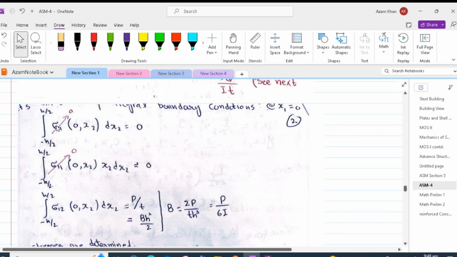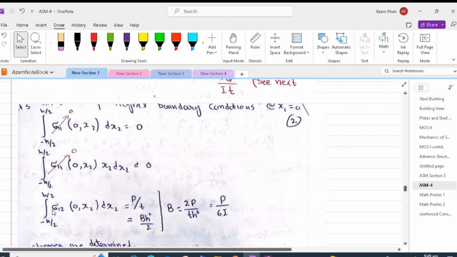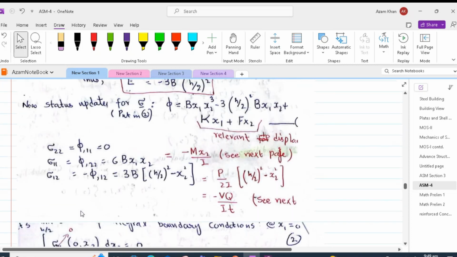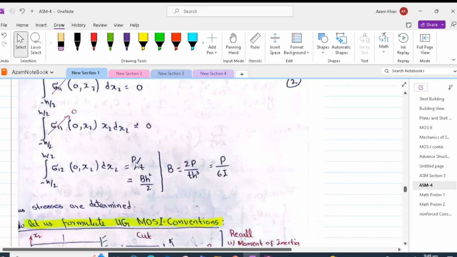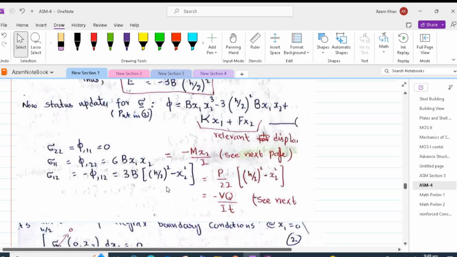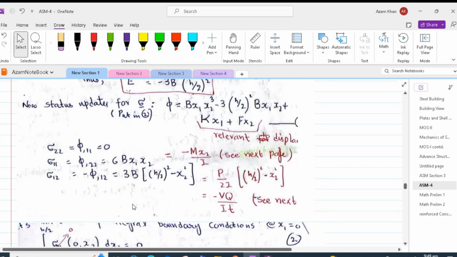So that is knocked out because at x1 equal to 0, the whole stress becomes 0. The only integration which is valid is this one, sigma 1 2, which is equal to 3b times h by 2 whole square minus x2 square. So we can plug the values over here and we get b is equal to 2P by t h cube. Plugging the value back in our stress function, we can get the stresses.